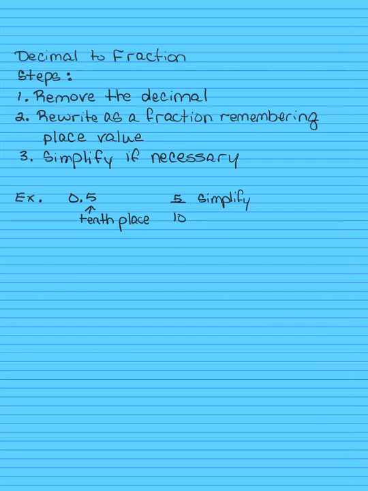So we're going to simplify if necessary, and in this case we can. I have 5/10, and if I divide my numerator and my denominator both by 5, I will get 1/2. So 0.5 is equal to 1/2.